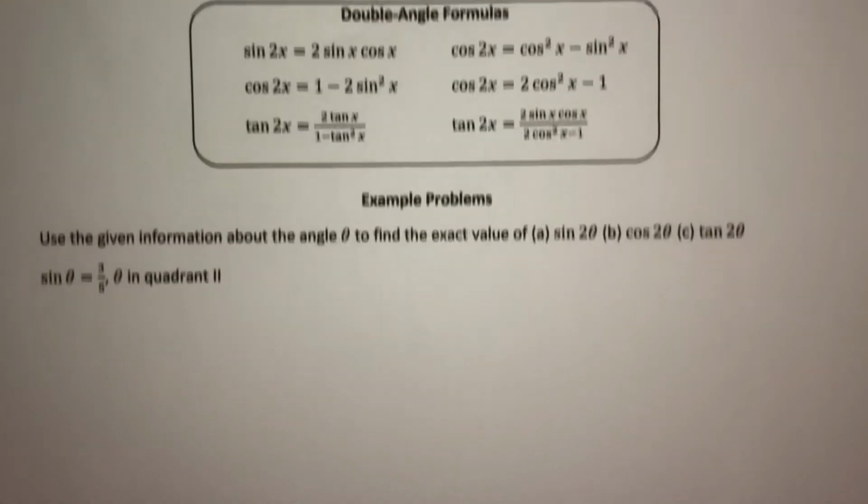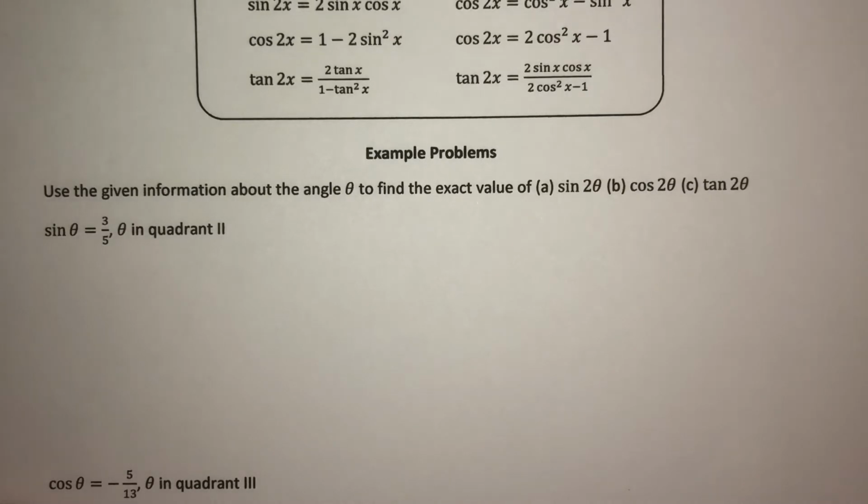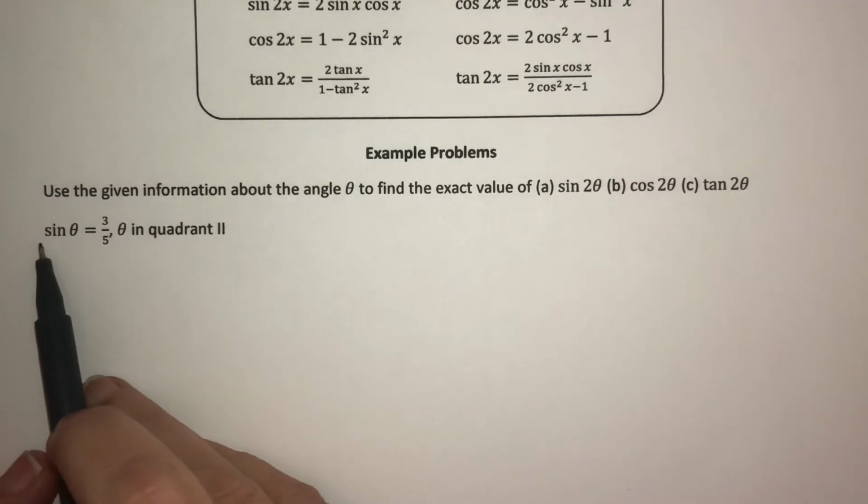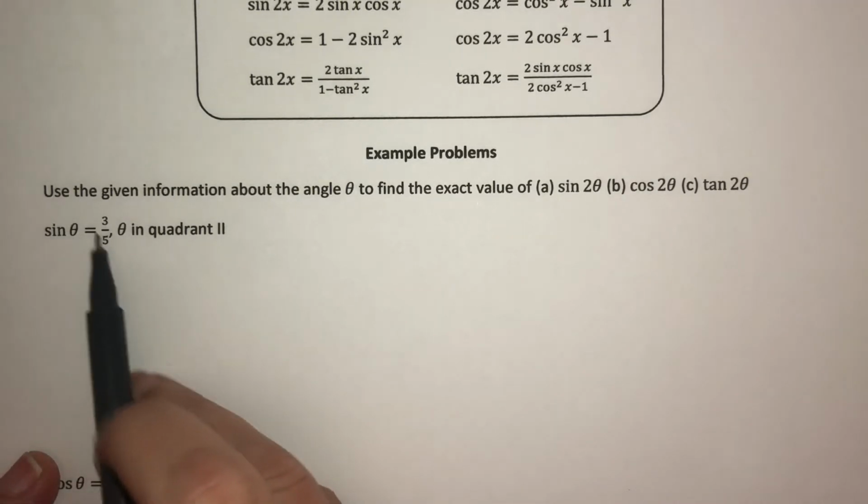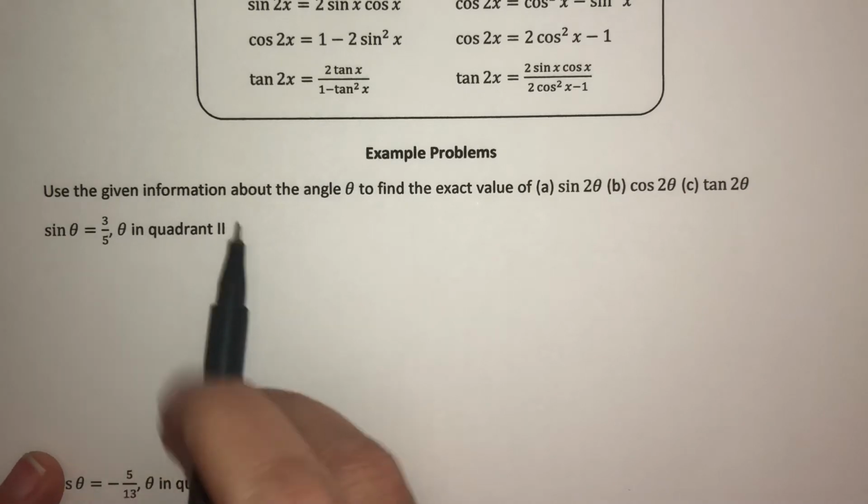Okay? So working a problem, using the given information to find the exact value of sine of 2 theta, cosine 2 theta, and tangent 2 theta. So we know that sine of theta is 3/5, and our theta is in quadrant 2.